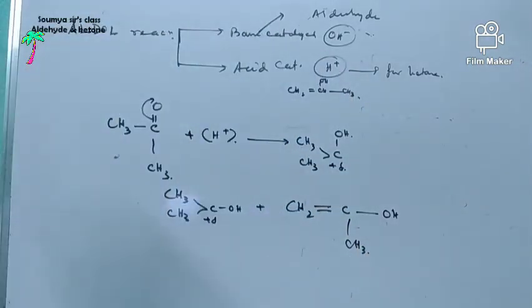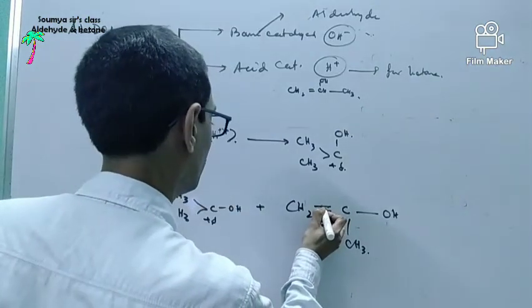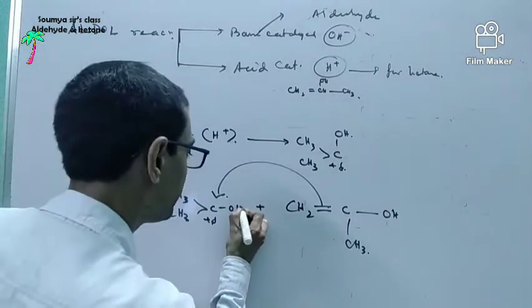This is enol form. The carbocation part will be attacked by this pi electron charge cloud. So this electron will attack this carbon. Here it is OH.